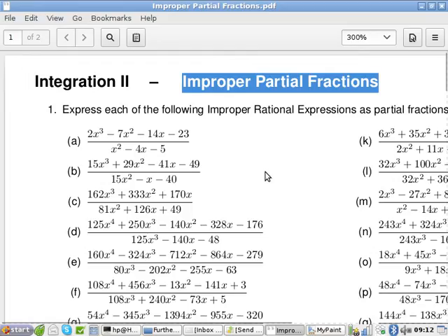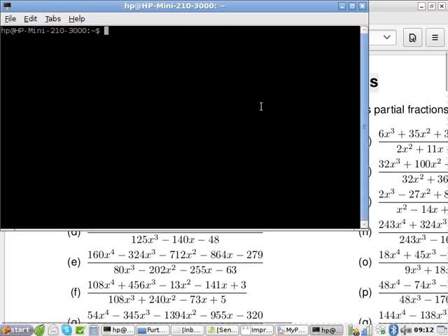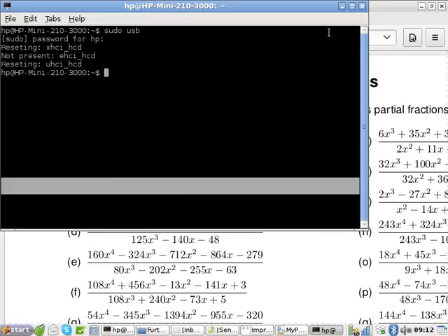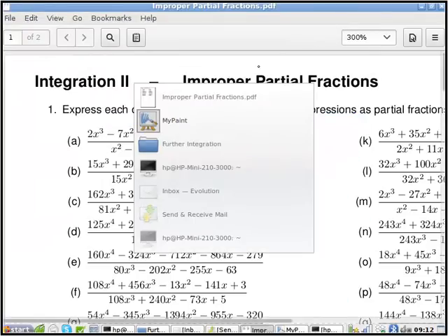Let's have a look at it. My pen working? There we go. Okay, can you read it to me?